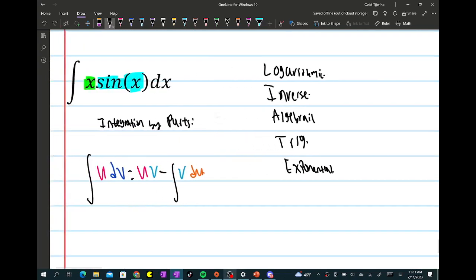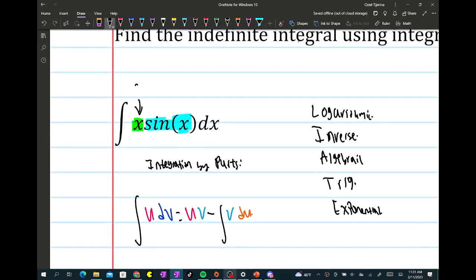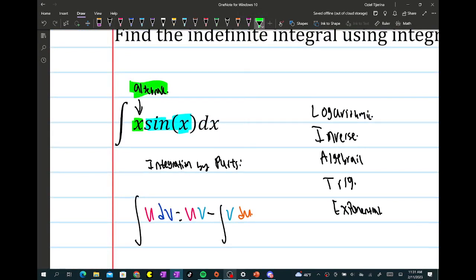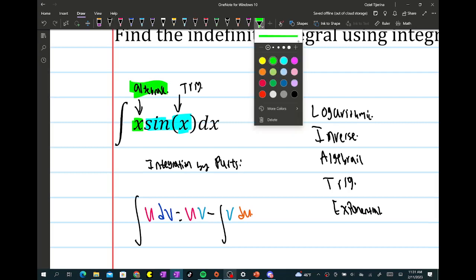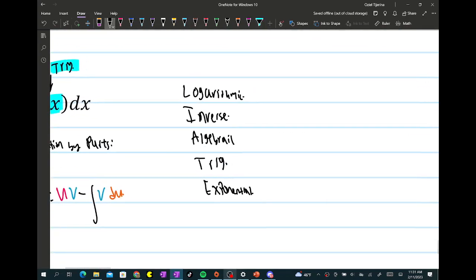So looking at what I have here, I have an algebraic term, which is x, and a trigonometric term, which is sine of x. Now, obviously there are no logarithms and no inverse functions.